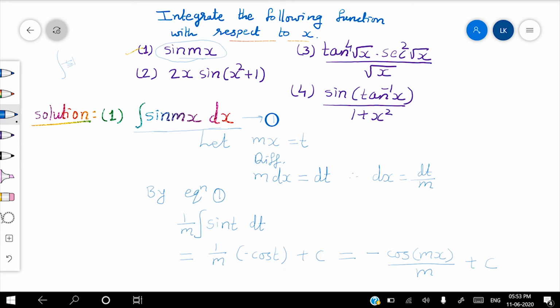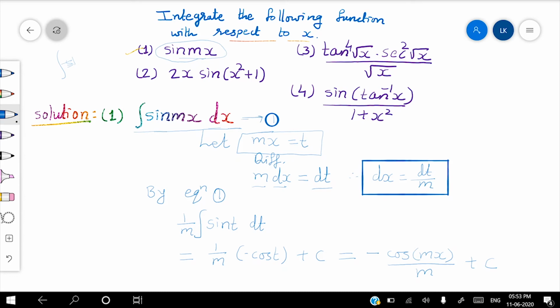But here we are using the substitution method. Let mx be equal to t. This is our substitution. Now differentiation on both sides. That means m is constant, as it is. Derivative of x is dx. Right hand side t, its derivative is dt. Find the value of dx.